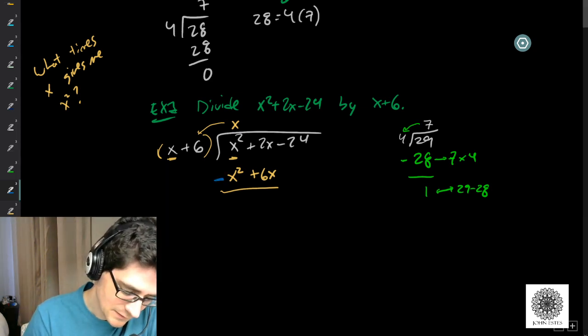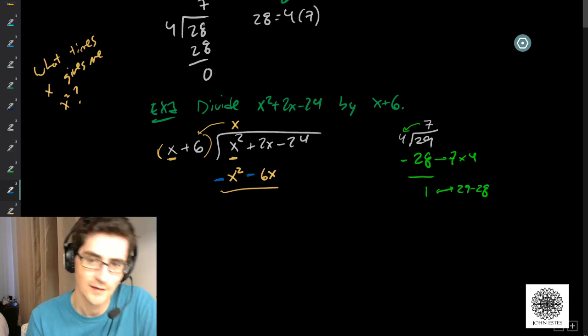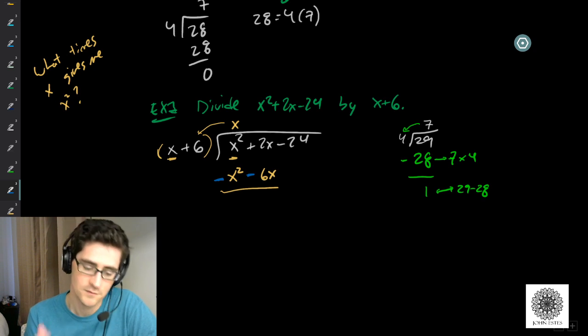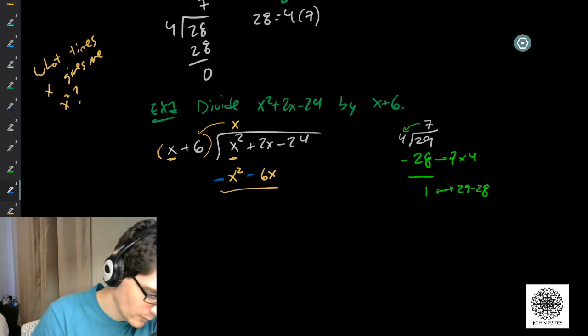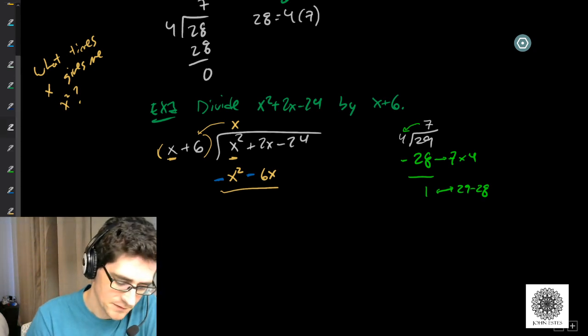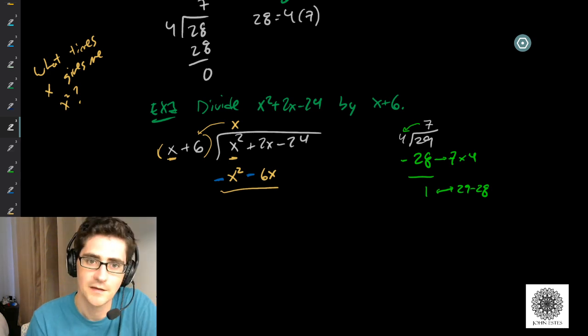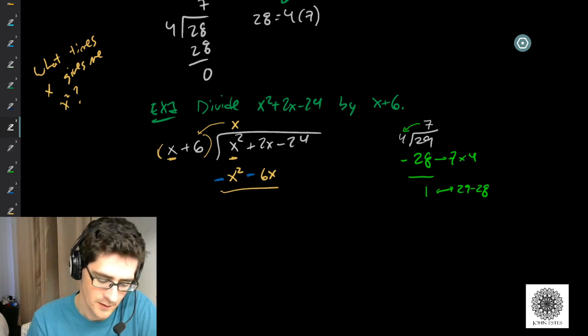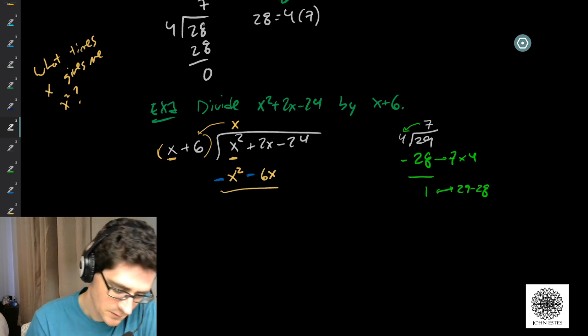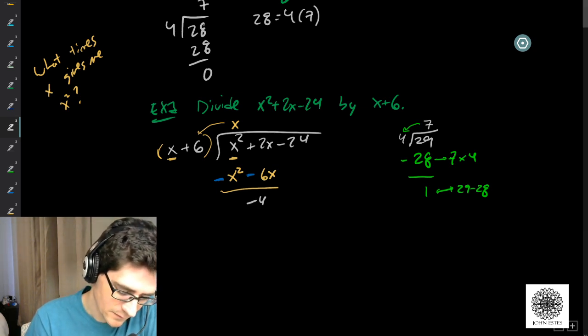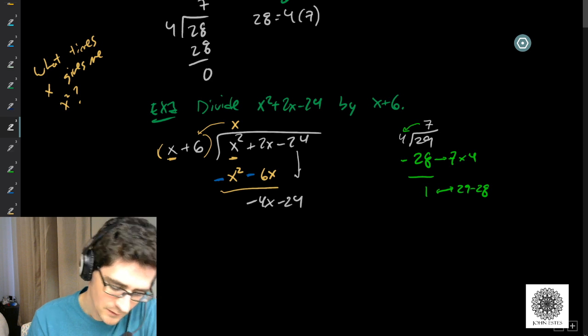That's a minus x squared, and I'm going to replace that plus with a minus 6x. That way I don't forget to distribute my negative. And when I do this, x squared minus x squared is 0. 2x minus 6x is minus 4x. And now I'm going to bring down the negative 24.